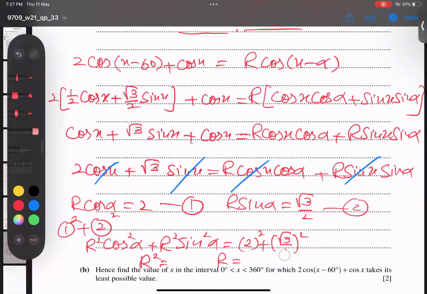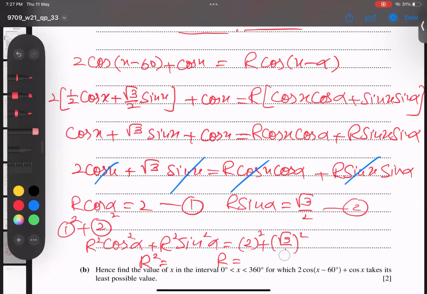Now I think it is easy. This 2 is also cancelled. So here, 4 plus 3, I get 7. So root 7 is my r value. Alhamdulillah, the small mistake is corrected.